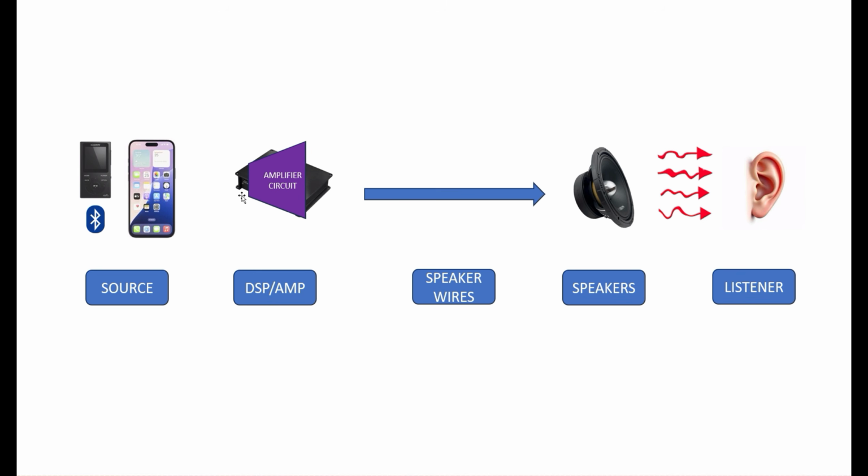But these units have the advantage of being able to provide all the benefits of a DSP, EQ and timing and individual speaker controls and all of that stuff, as well as an amplifier all rolled into one unit. So they're an excellent choice when you're on a budget, or when you don't have a lot of space, and space is super important.